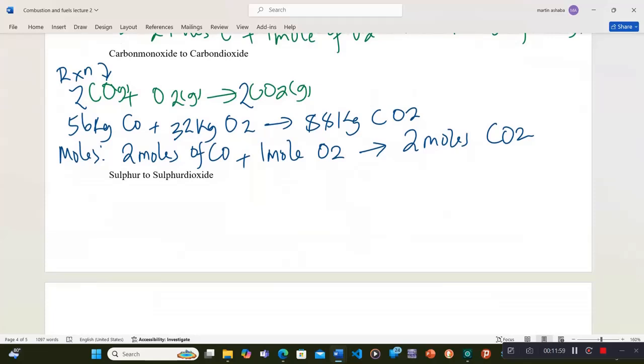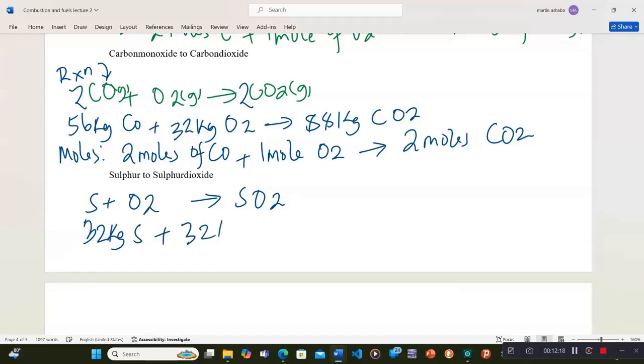Then about sulfur dioxide, that would be sulfur plus oxygen, giving you sulfur dioxide. So sulfur is 32, so 32 kilograms of sulfur plus 32 kilograms of oxygen, giving you 32 plus 32, that would give you 64 kilograms of sulfur dioxide gas.